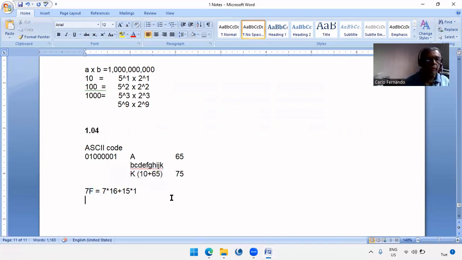And you get the value. How much? 7 into 16 is 112, plus 15 is 127.